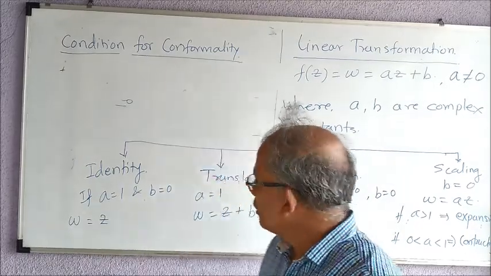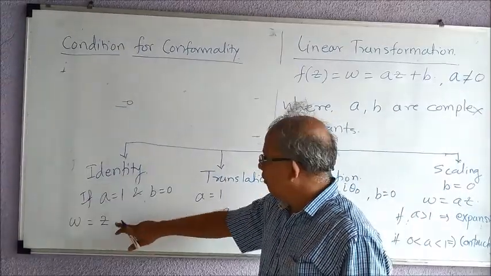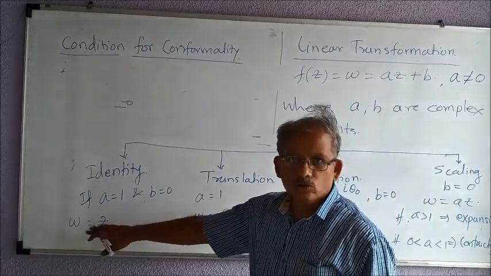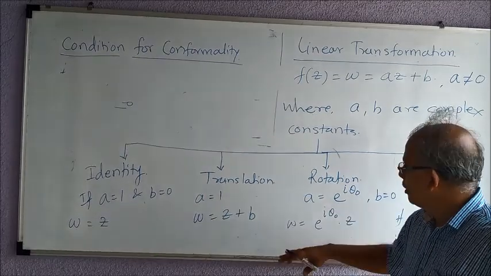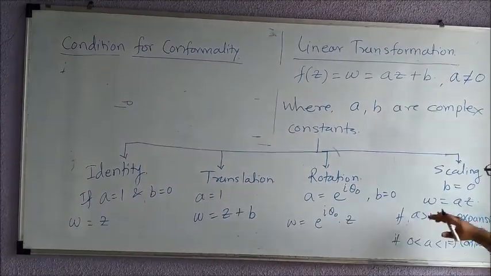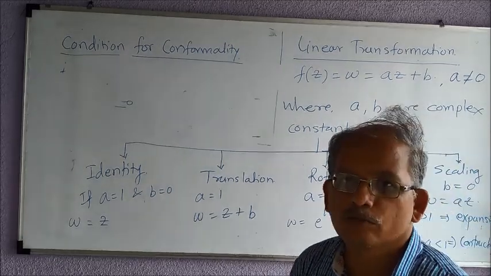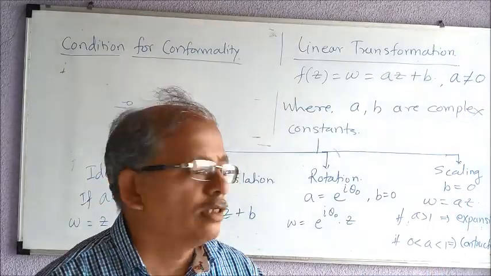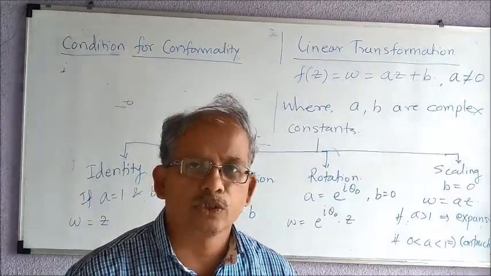First is identity, where a equal to 1 and b equal to 0, so it is simply w equal to z. Then translation, then rotation, and then scaling. All these are linear transformations. We'll see the problems based on these linear transformations in the next video. Thank you.